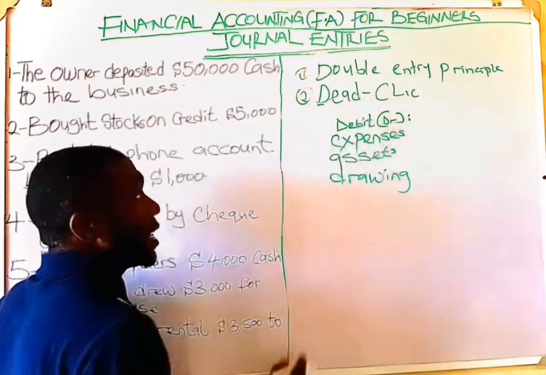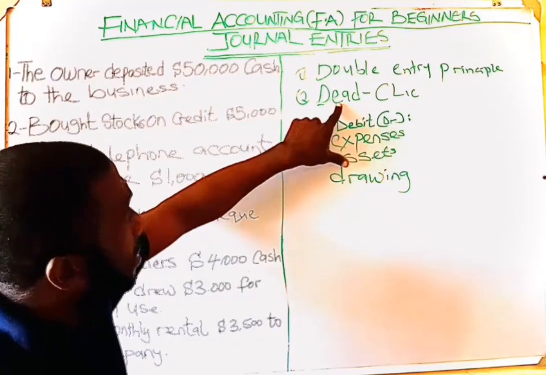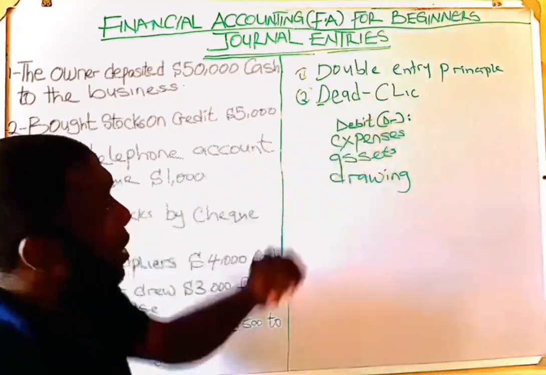So DEAD is telling us that our debit consists of expenses, assets and drawing.